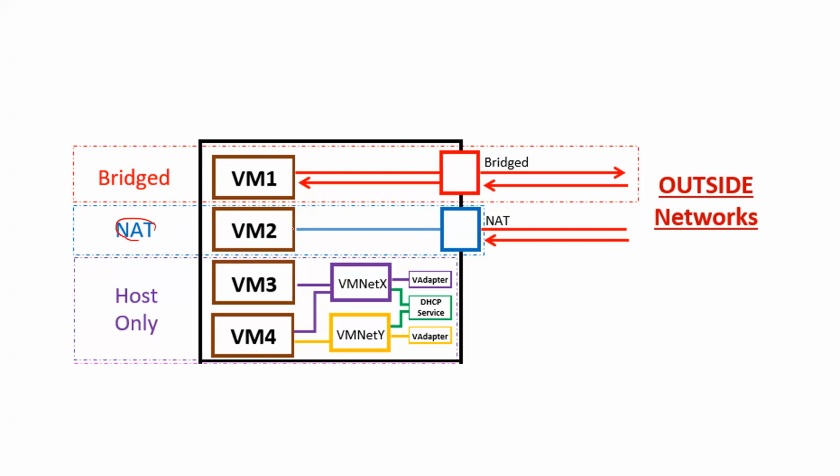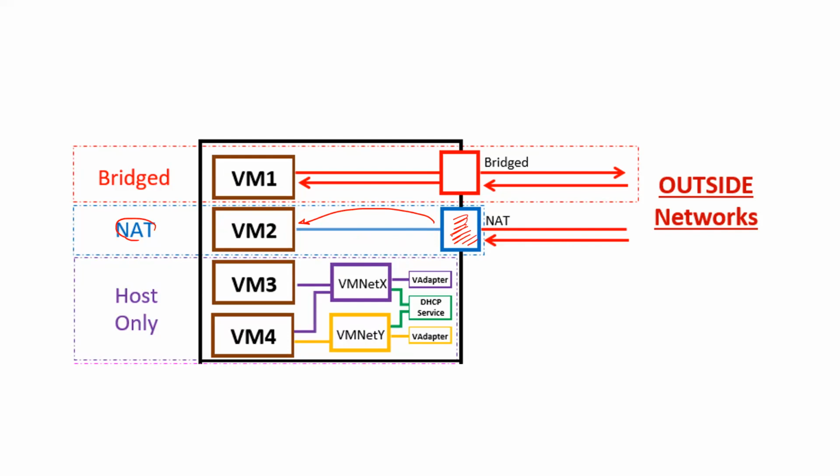So NAT means that you have actually a kind of router under VMware Workstation that gives the IP address to your VMs. You can change this network configuration. As you can see, you can reach the internet from the NAT.